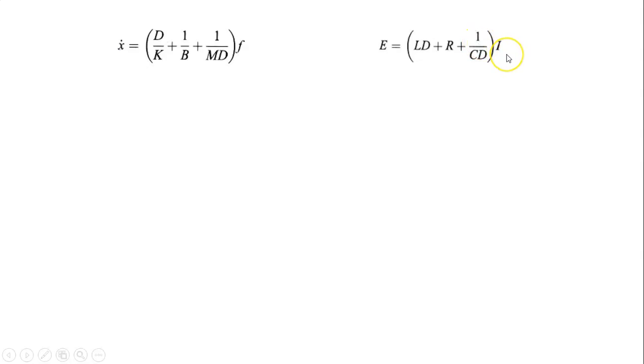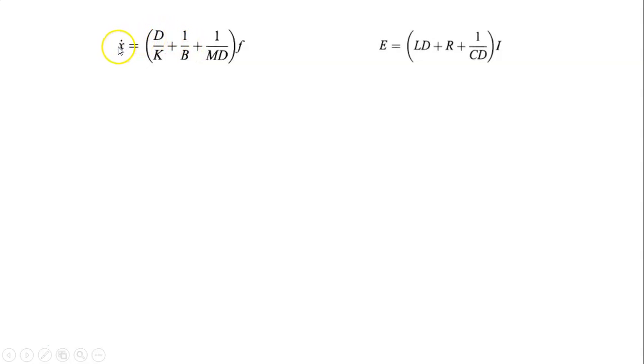Therefore, again I will write these two equations. X dot, which means velocity, is equal to D upon K plus 1 upon B plus 1 upon MD, into F. E is equal to LD plus R plus 1 upon CD, into I. Now if we compare these two equations, we will find the similarity, and that similarity is known as the inverse analog.